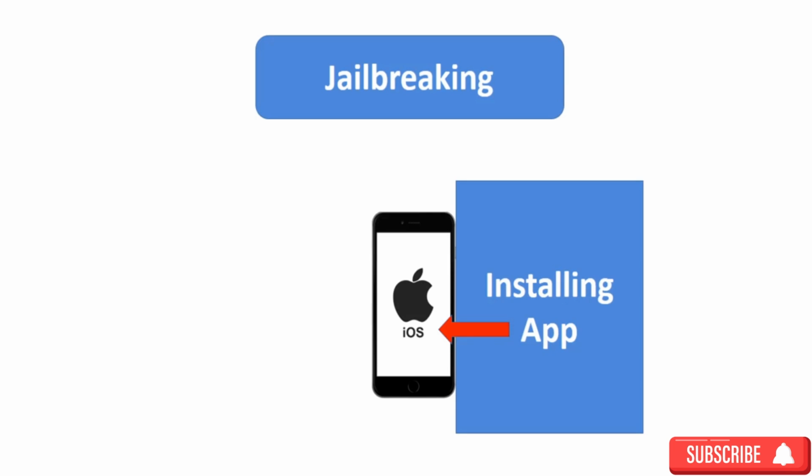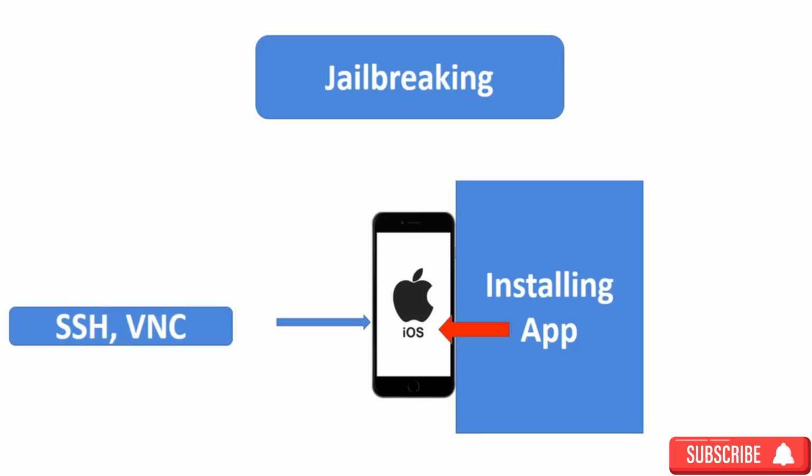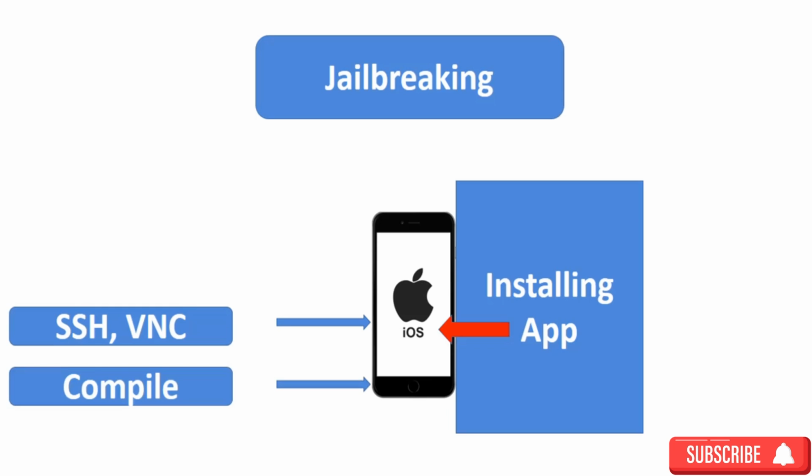Basically the goal is to perform a privilege escalation attack, to install custom themes, install applications or extensions to applications. You can also configure the device to allow remote access either via SSH or via VNC. You can also install other arbitrary software or even compile software directly on the device.